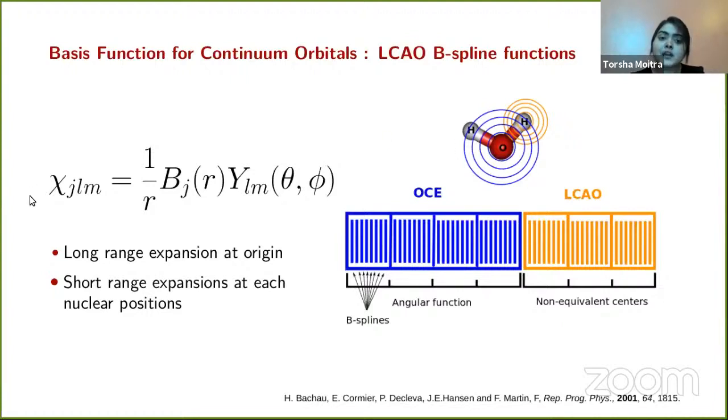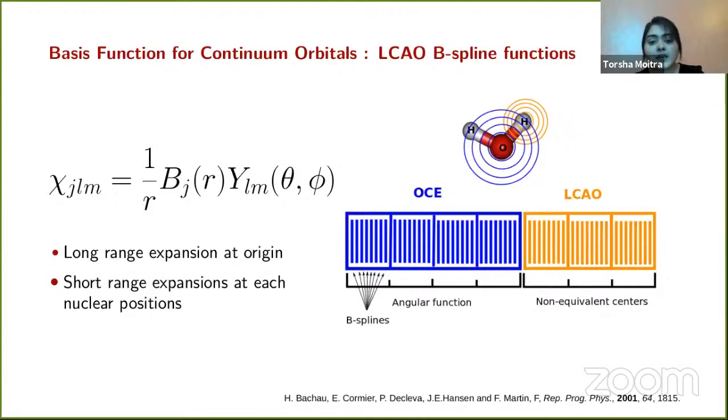The primitive B-spline functions are described by chi-JLM, which is a product of the radial part, 1 by r B_j(r), and the angular part Y_lm(theta, phi). What we do is we place a long range large angular momentum expansion at the origin. Say for the water molecule, we place it at the oxygen atom. This takes care of the asymptotic behavior of the continuum orbitals.